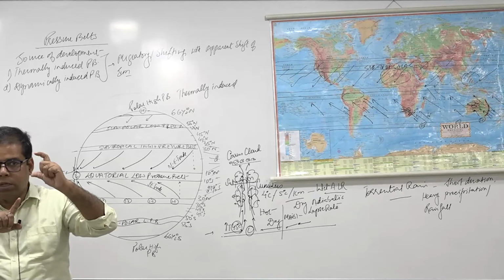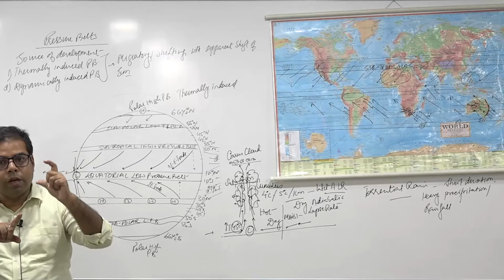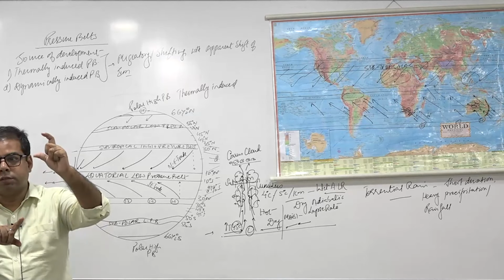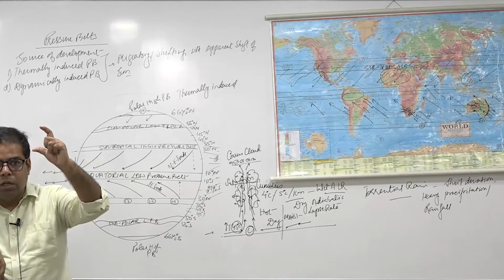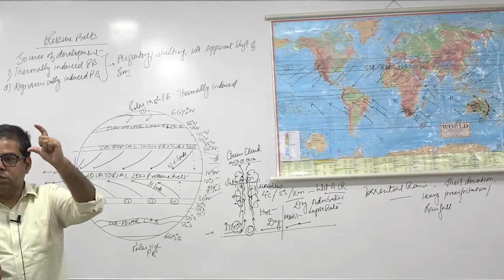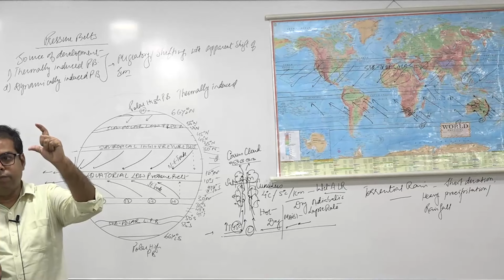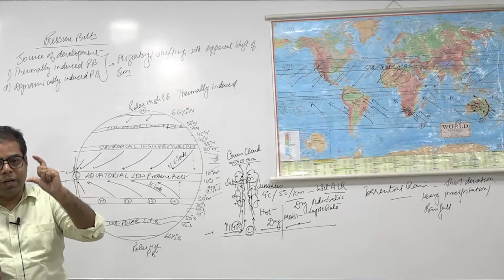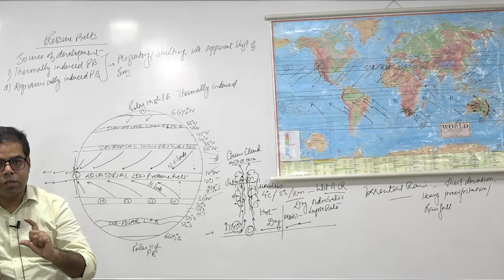Right? Clear? Dry adiabatic lapse rate or wet adiabatic lapse rate. समझ में आ गया? Now see one more. When the air is rising, temperature is decreasing. Again the same way, when the air will subside, will the temperature increase or decrease?